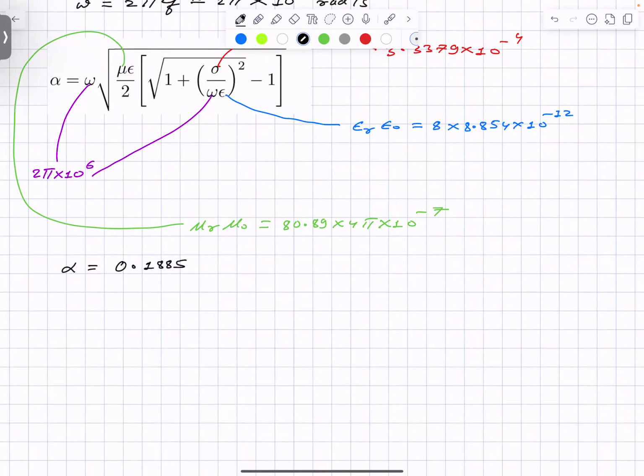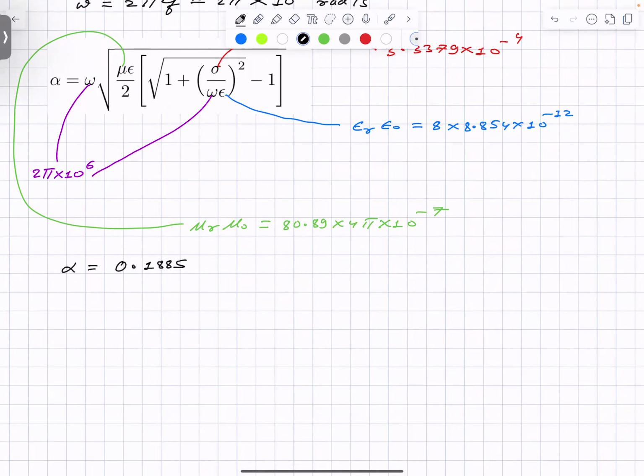So we found alpha, beta, gamma. After that, velocity is pretty simple. It's omega by beta, and that will be 1.111 times 10 to the 7 meters per second.